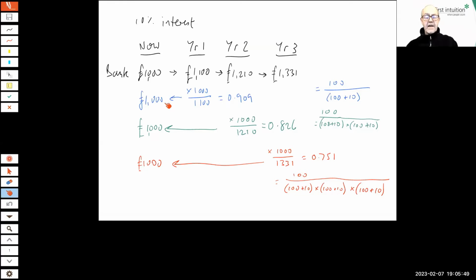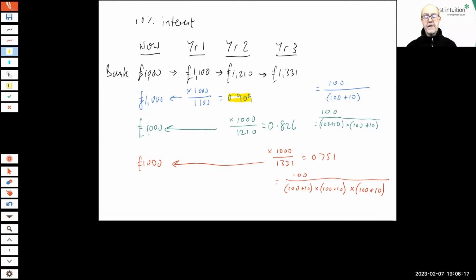Okay, so 1,000 over 1,100, if we calculate that out as a decimal, gives us 0.909, which, if you've done practice exercises involving use of discount factors, will probably ring a bell, because that is the 10% discount factor for year 1. If we look at our year 2 figure, by year 2, our £1,000 has grown to 1,210.